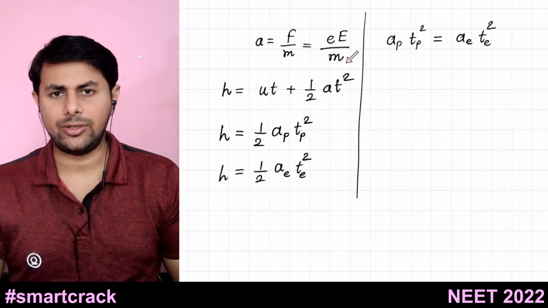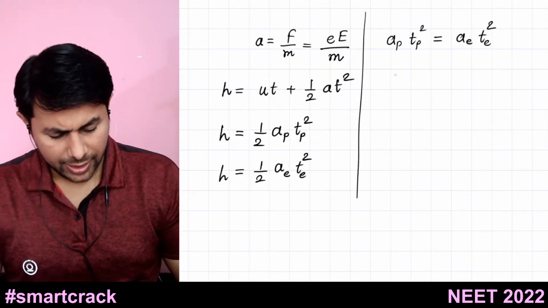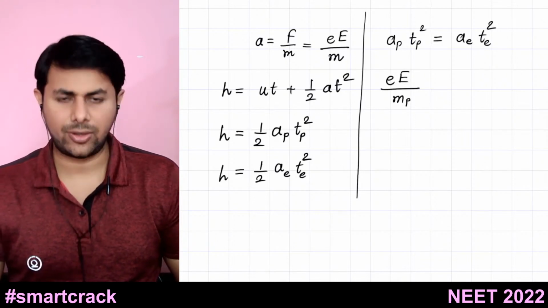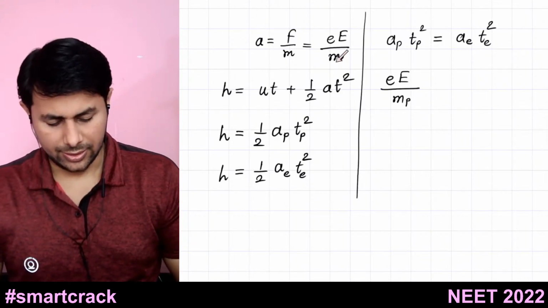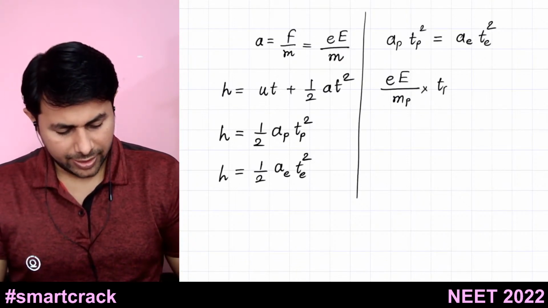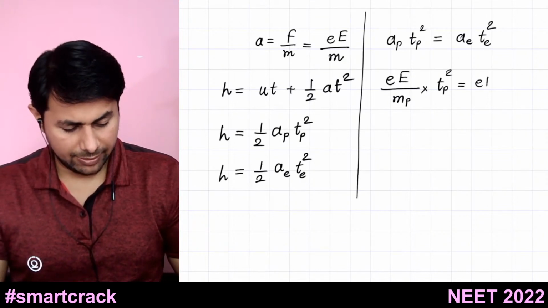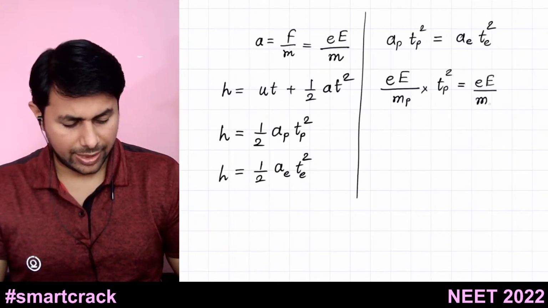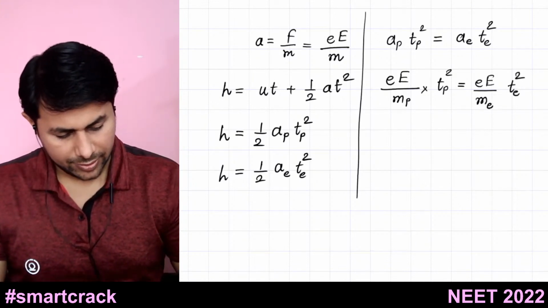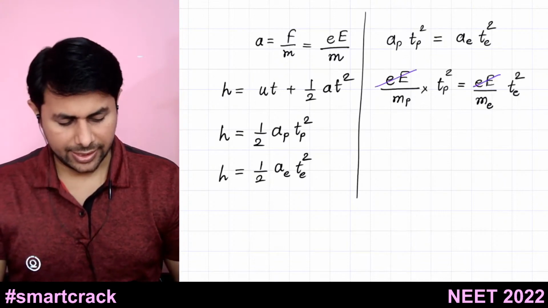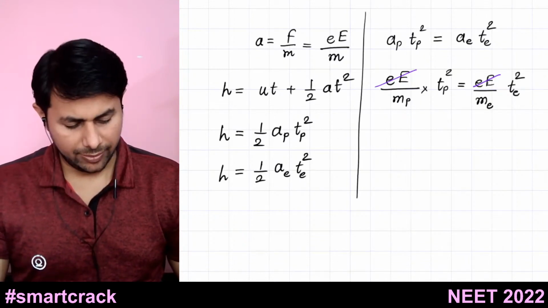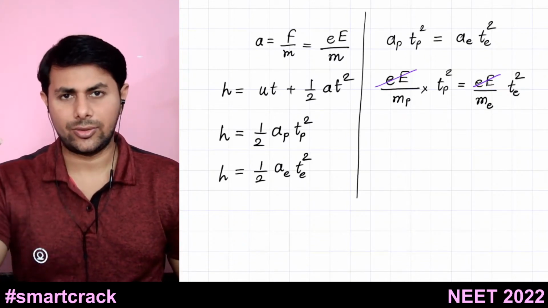Acceleration is eE upon m. So for proton it will be eE divided by mass of proton; this is the change. Instead of m we have mass of proton, multiplied by tp square, and this is equal to eE divided by mass of electron into te square. So eE gets cancelled on both sides, and we want to find the time for the electron to fall through that distance.